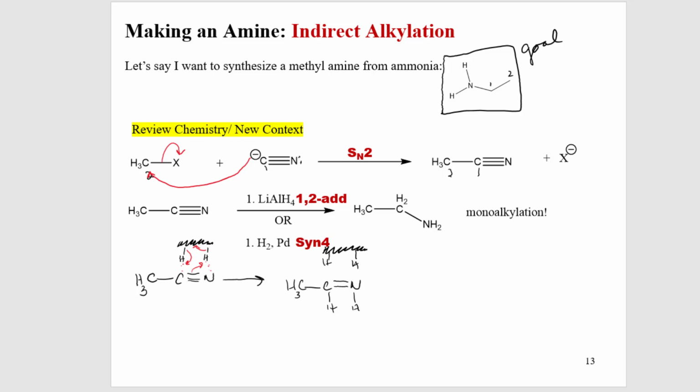Hydrogen absorbs to the surface of the metal, and the syn addition occurs. So this is a double syn addition, reducing what is essentially a triple bond down to a double bond, down to a single bond.